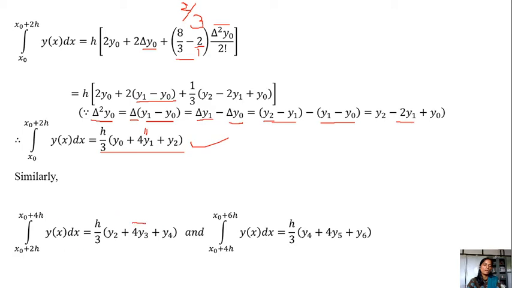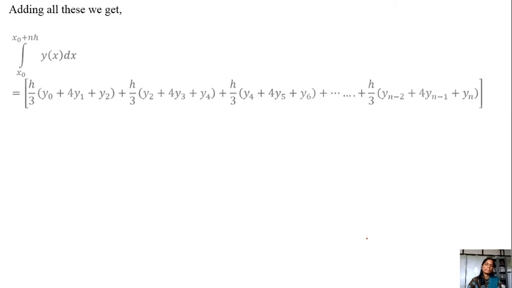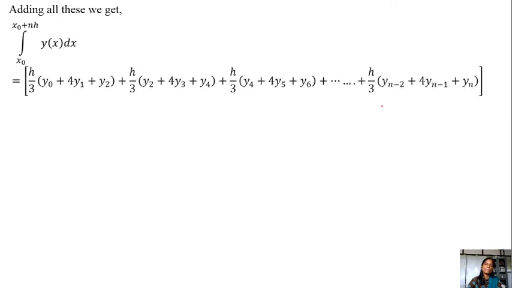So for the middle functional value 4 is the coefficient, so y2 plus 4y3 plus y4. And for the integration x0 plus 4h to x0 plus 6h, middle is y5, so 4 times y5 is there, h by 3 (y4 plus 4y5 plus y6). In general, I have not written the general formula, but the general formula is h by 3 (yn minus 2, then 4yn minus 1 and yn).